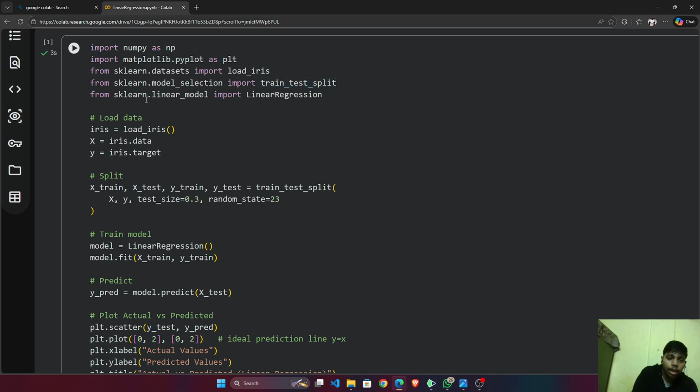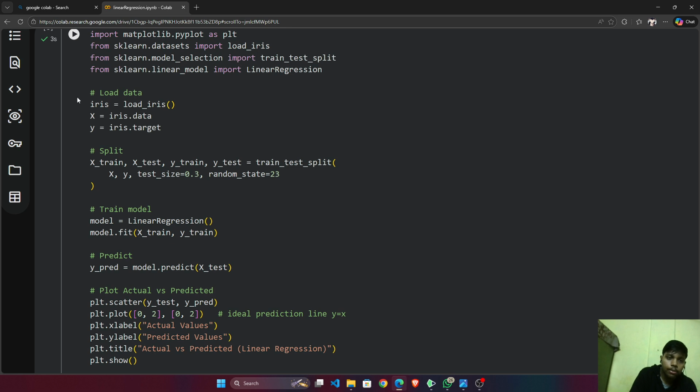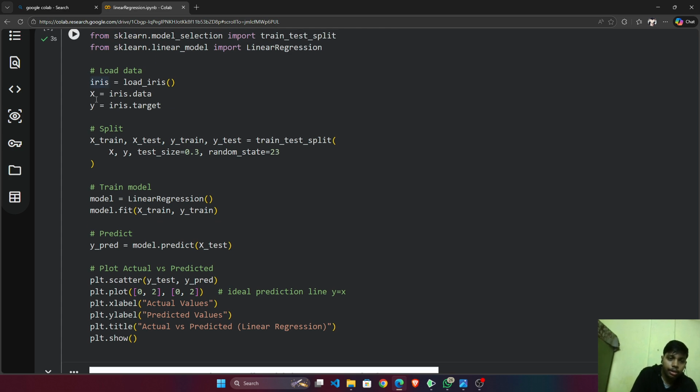Then from sklearn linear models, where there are multiple types of models such as logistic regression and linear regression, we call LinearRegression that we are using in this code. Load_iris is stored in a variable called iris, the input features are stored in x, and the target is stored in y.